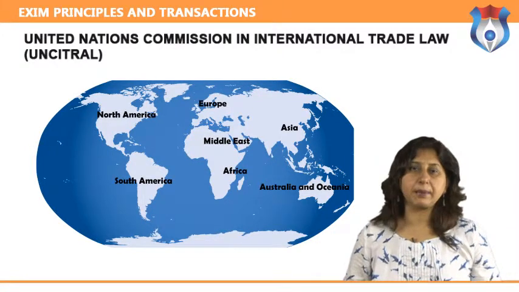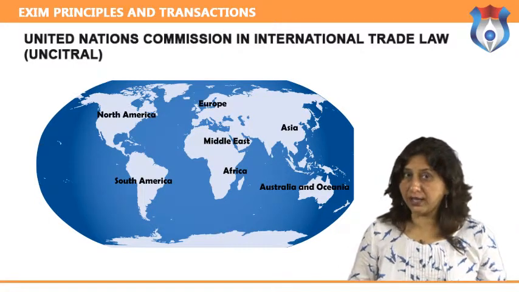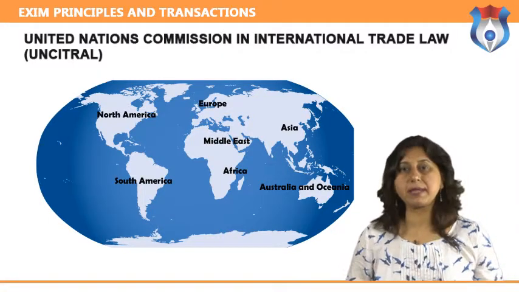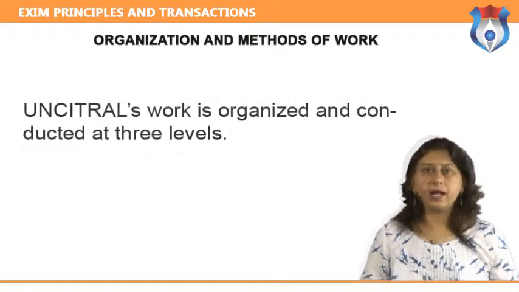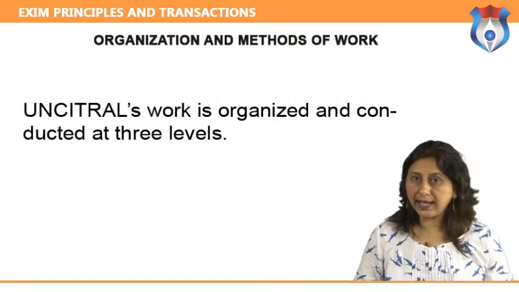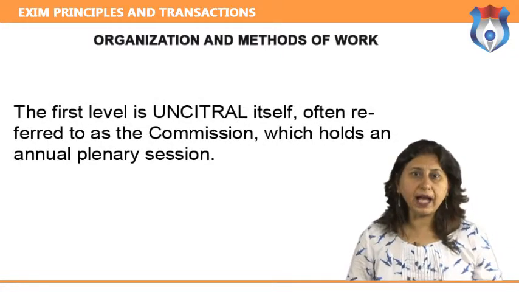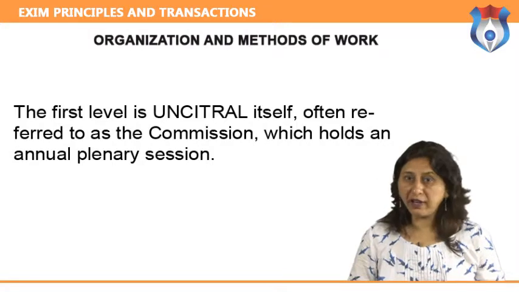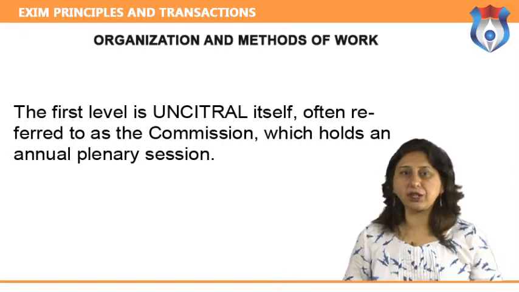The General Assembly elects members for terms of 6 years. Every 3 years, the terms of half of the members expire. Organization and methods of work. UNCITRAL's work is organized and conducted at 3 levels. The first level is UNCITRAL itself, often referred to as the Commission, which holds an annual plenary session.